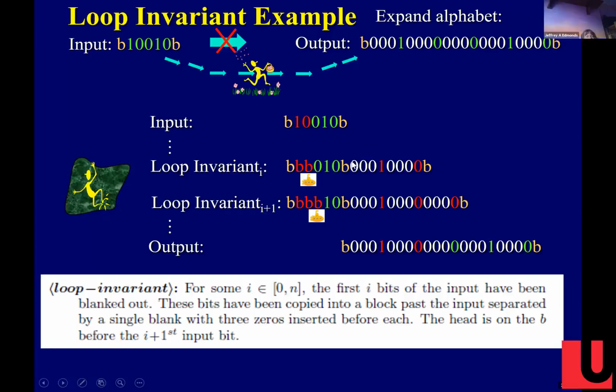So now we have a goal in our life, which is to write code to go from this to this. You don't have to do anything else. All you worry about is maintaining the loop invariant. We believe that the picture looks like this, and when we complete our job, it's going to look like this.